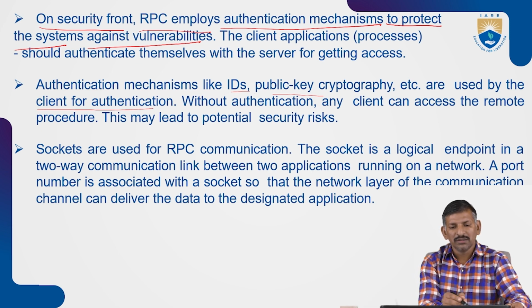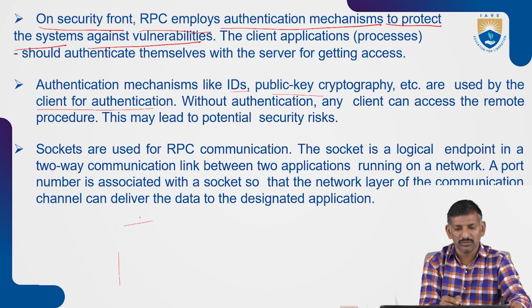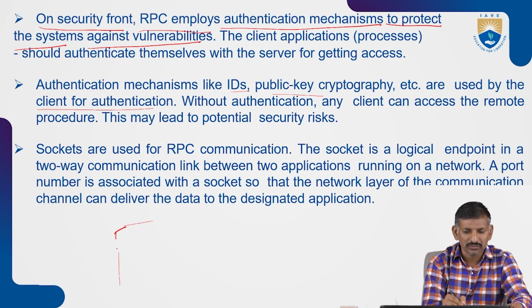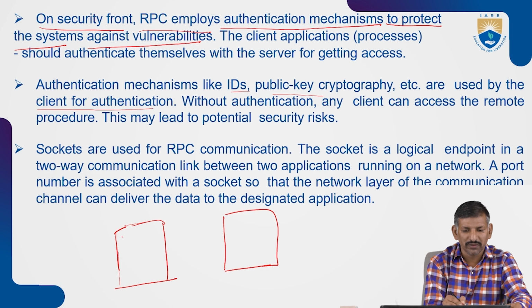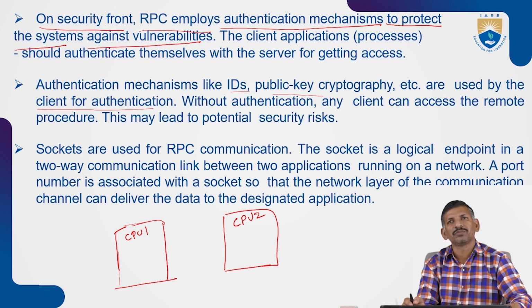So here we are using sockets. Suppose this is a CPU. This is machine 1 and machine 2. So this is device 1 or CPU 1, and this is CPU 2.